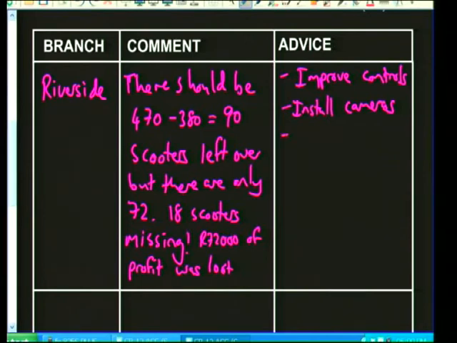If that's not possible, he should do maybe something like regular stock takes. Because if you do a regular stock take, you will be able to determine very quickly whether any stock is missing. And then what you could do is you could make sure that your employee is held responsible if some stock goes missing, because this is a lot of profit that's gone lost.